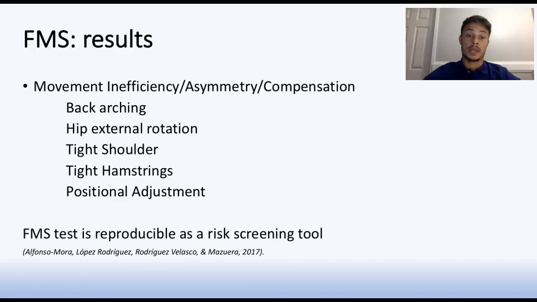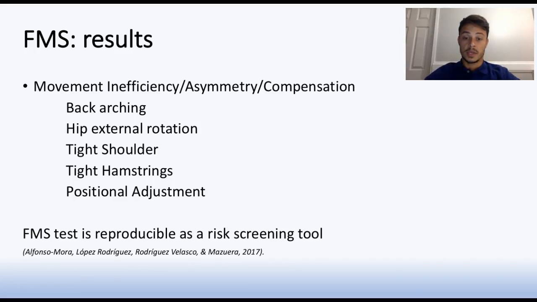For instance, when my client was squatting, I found that his back was arching a little bit throughout the movement. The hurdle step, he presented a hip external rotation, shoulder mobility, tight shoulder, leg raise, tight hamstring. Those are some of the inefficiencies and asymmetry compensations that I found doing this test with my client.